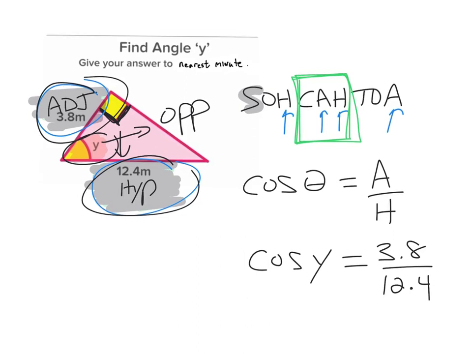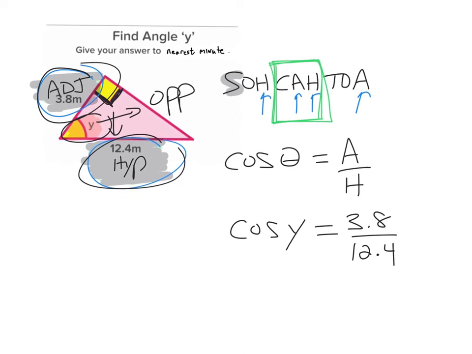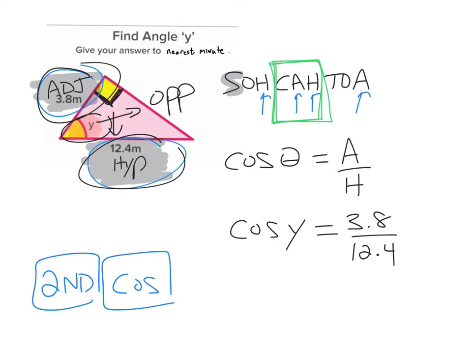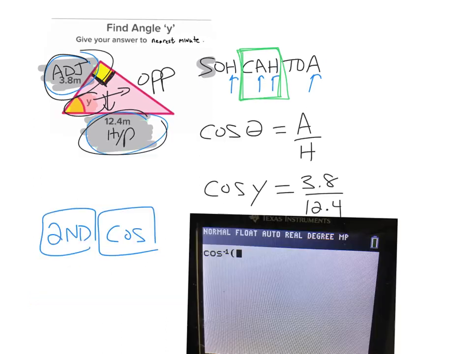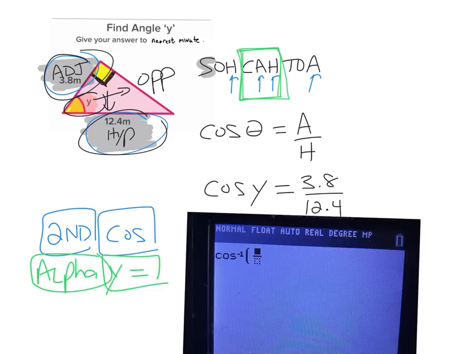So now we're going to push buttons on our calculator. First we're going to press second and then cosine. Anytime you're finding an angle, you always press the second button first. Make sure you always see this -1, this inverse notation. Then we're going to go alpha y equals for our fraction template. We're going to enter the fraction that we set up.